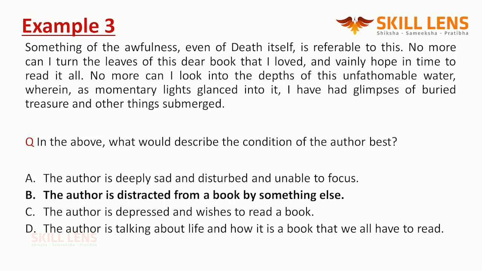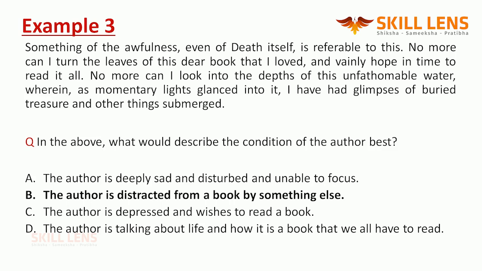There is only one sentence that is actually supporting the paragraph, that tells us the condition of the author. In the paragraph, the author is distracted from a book by something else. The second sentence in the paragraph says, no more can I turn the leaves of this dear book that I loved and vainly hope in time to read it all.